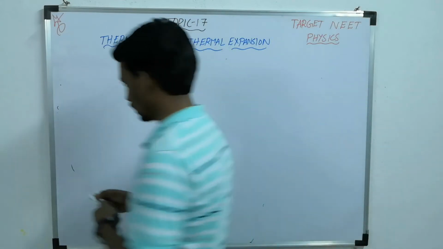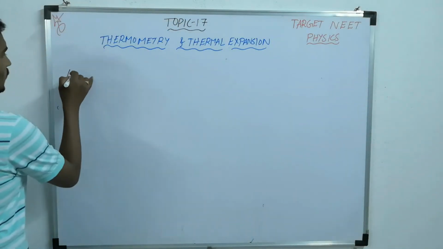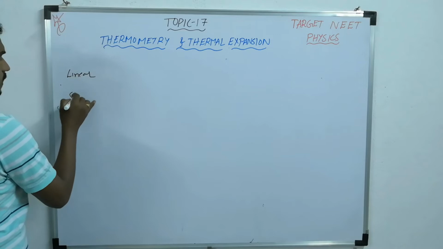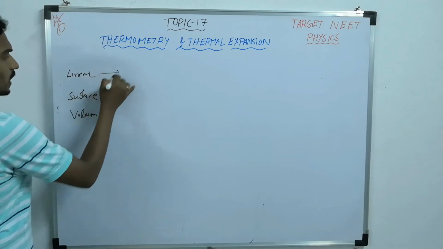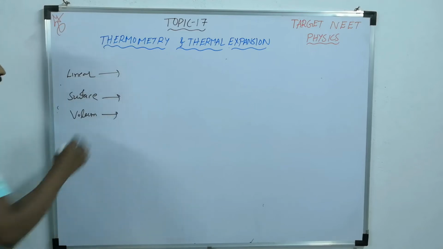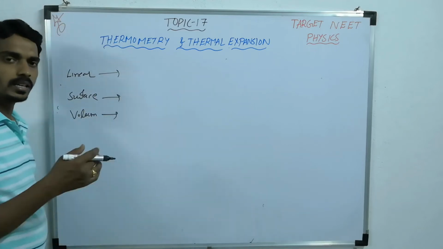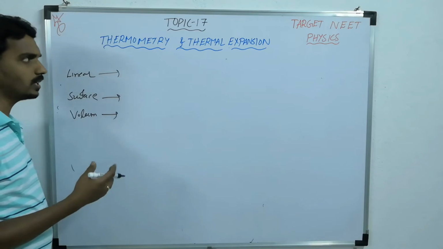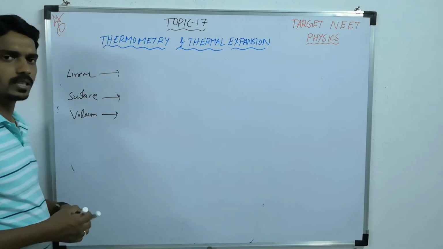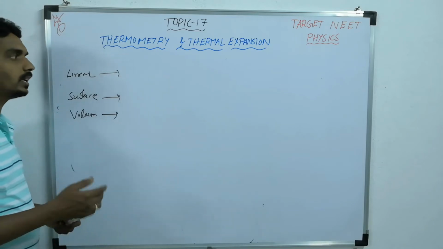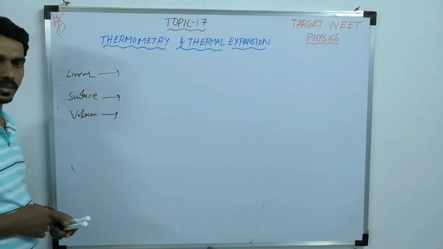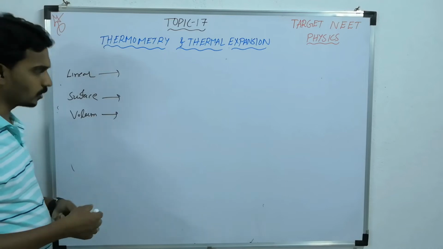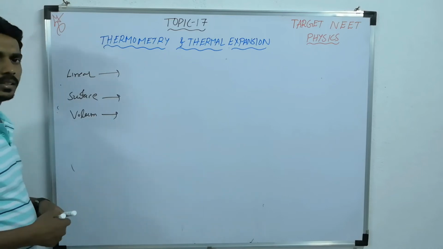Now in case of linear, the length changes on increasing temperature. That means if you give some heat energy to a substance, then it can expand. If you give the heat energy to a linear mass distribution, then the length can increase.